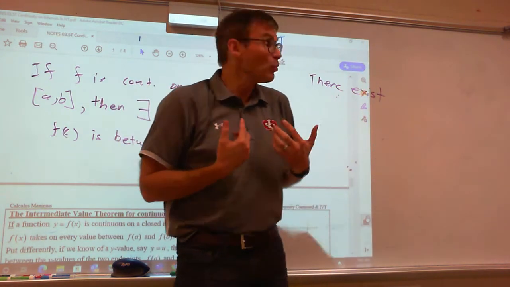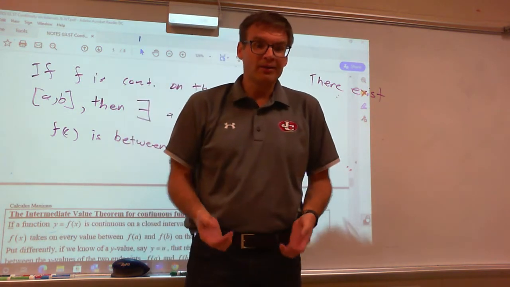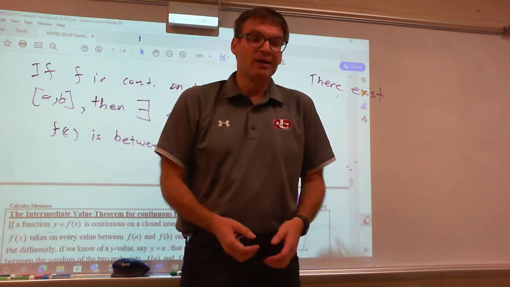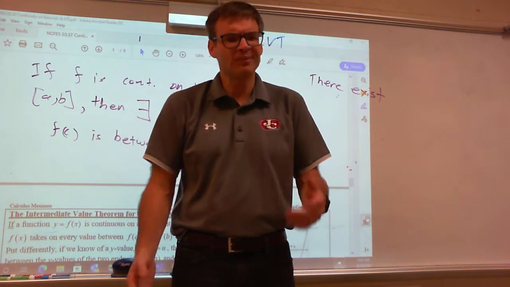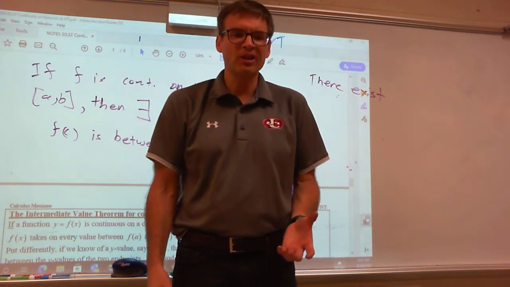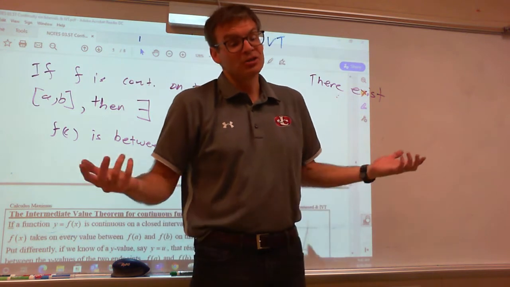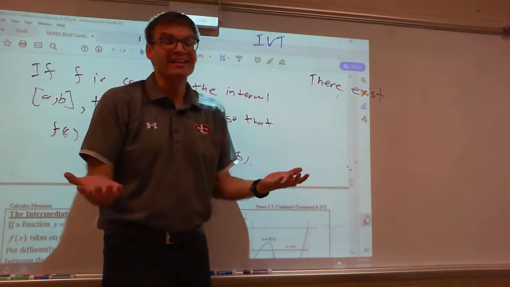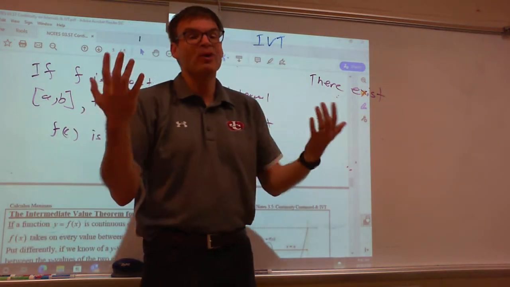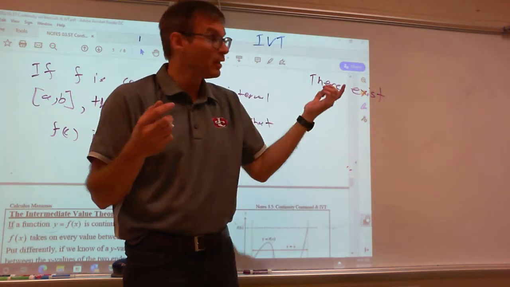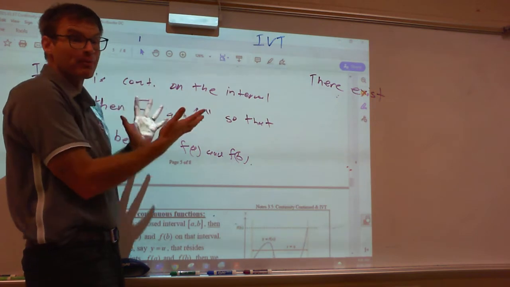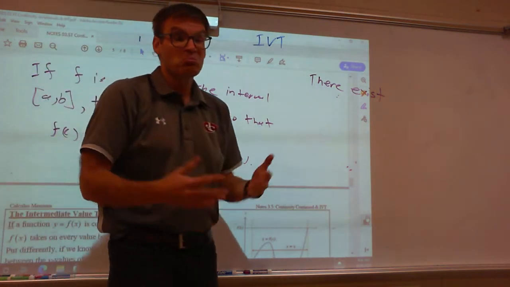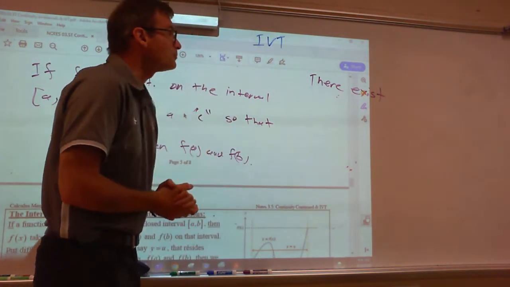Well, if you wanted to make a new symbol, then that requires the typesetter to create this new symbol. Well, the mathematicians were like, we don't need you to create a new symbol, let's just use an existing symbol. So what they did is they said, you've already got a capital E, why don't you just put it in backwards? And so anytime you see a backwards capital E, that means there exists. Pretty practical.